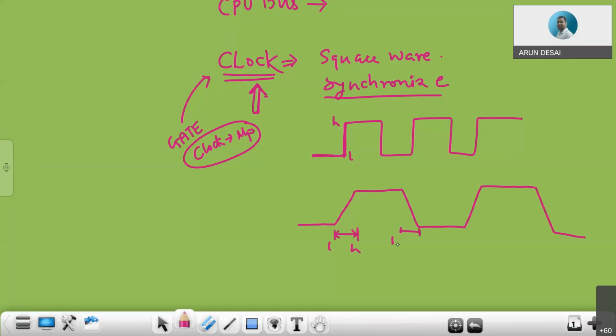So even though I say that it is a square wave, the signal looks like this practically, right?